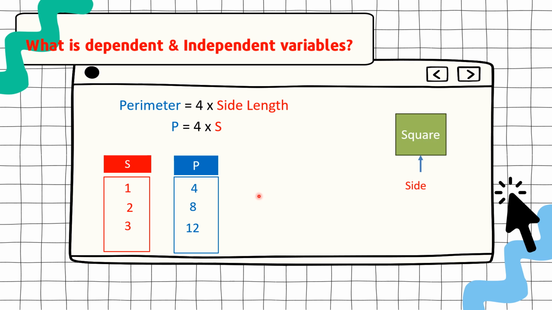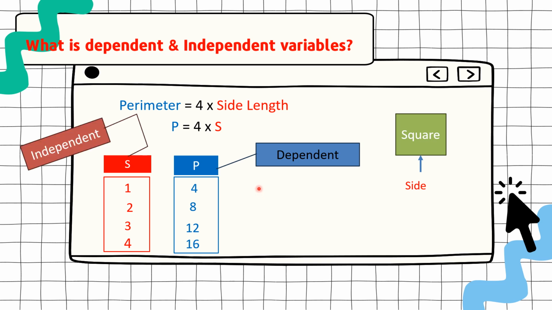If S equals 4, so P will equal what? Excellent, 16. So we can say that P is dependent and S is independent.